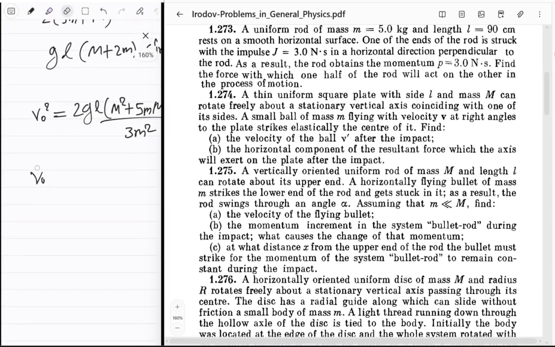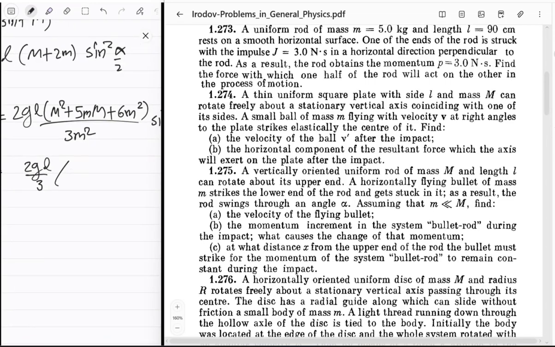So this in more compact form can be done as 2gl upon 3, and then eta plus 2 times eta plus 3, that's better.